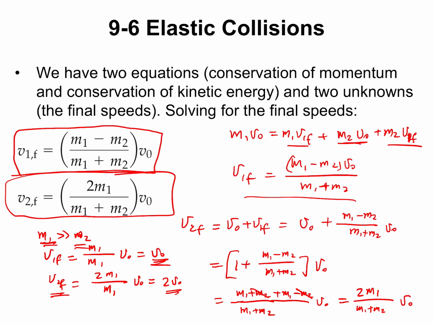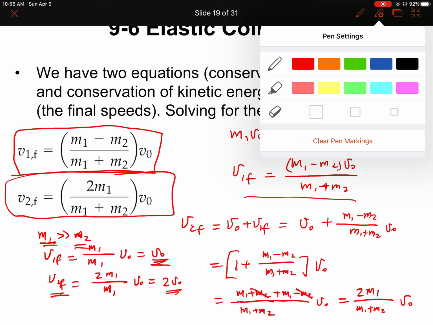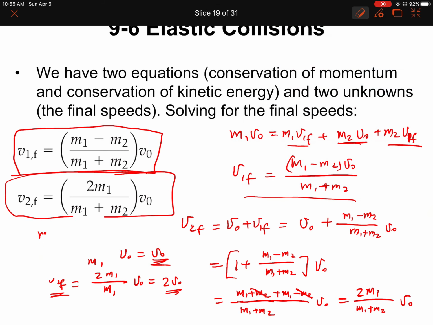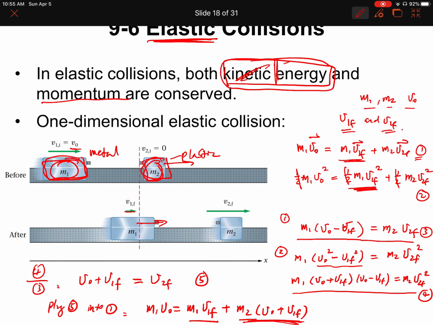Let's consider another case: what if m1 is much smaller than m2? In this case, a ping pong ball hits a bowling ball at rest. What will happen?